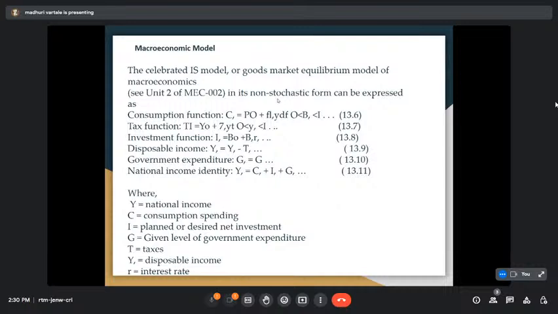The national income identity is Y equal to C plus I plus G, that is consumption plus investment plus governmental expenditure. Where Y is equal to national income, C is equal to consumption spending, I is planned and desired net investment, given the level of government expenditure, taxes, Y d, that is disposable income, and R, that is the interest rate.